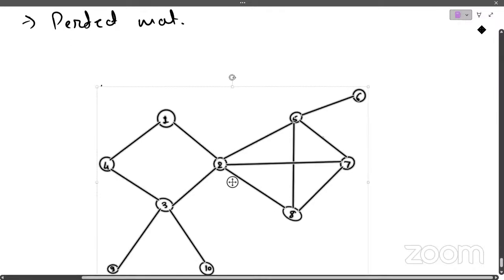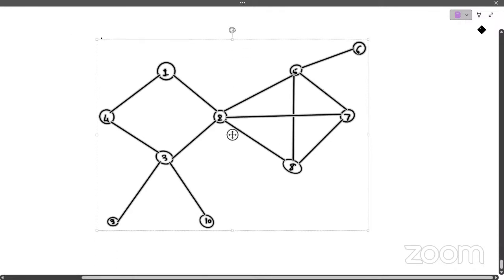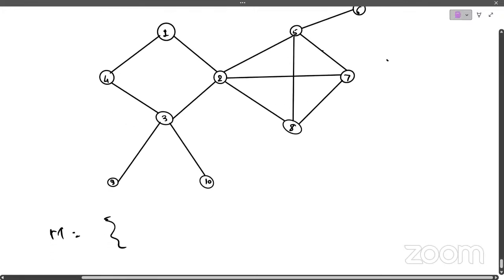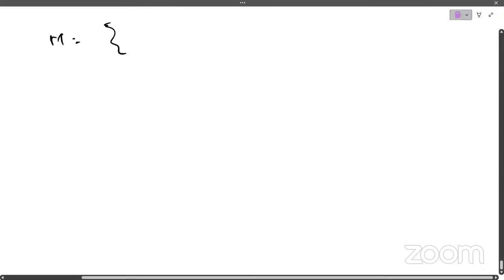Perfect matching is just a matching which will cover all the vertices. It is not always the case that we are able to find a perfect matching. Or basically you can take another simple example.